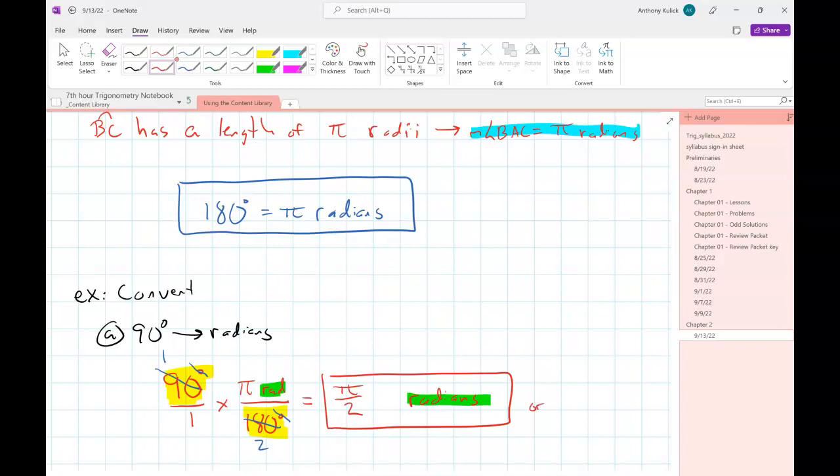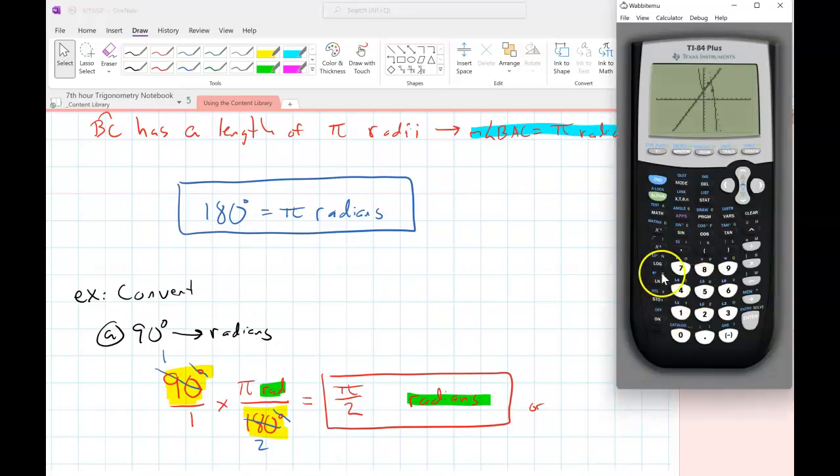Or, how else could I write this? As a decimal, right? So I could write this as pi over 2, and I get about 1.57.